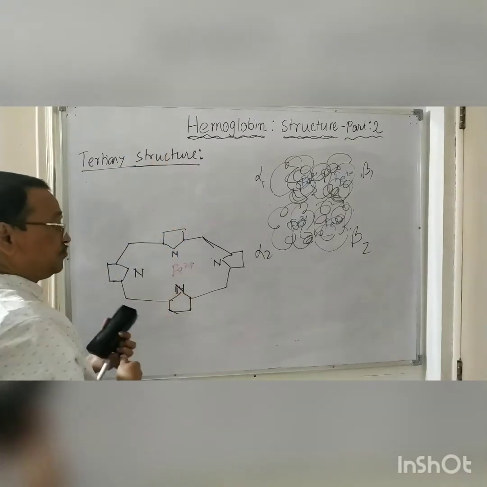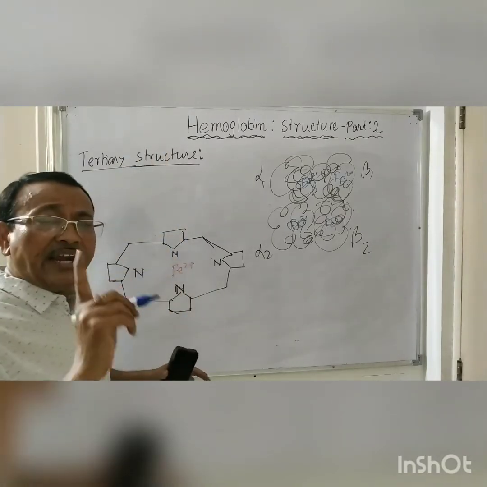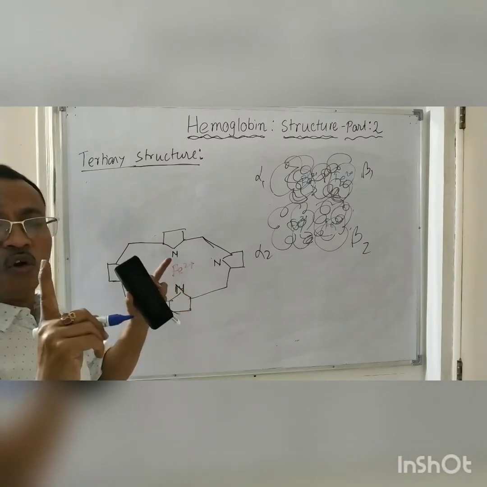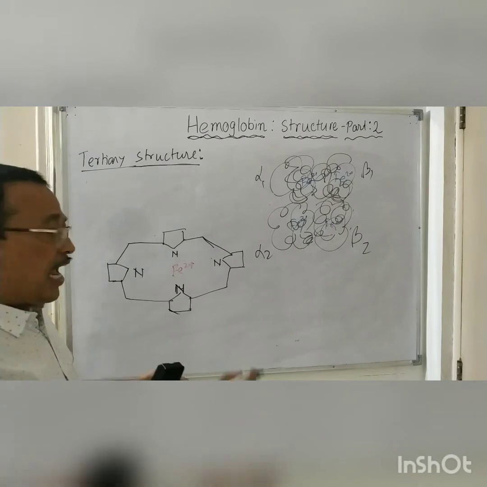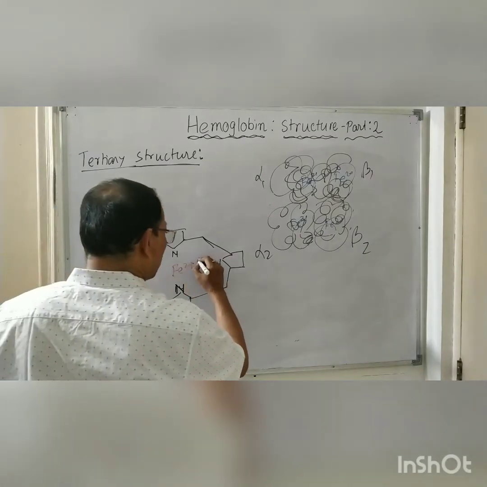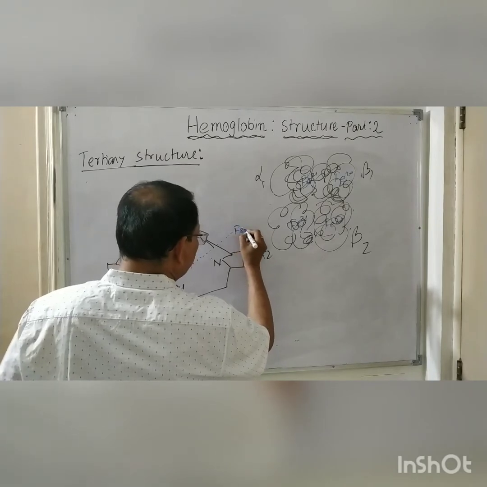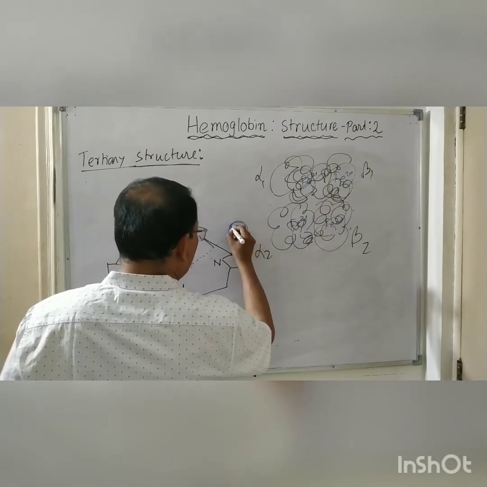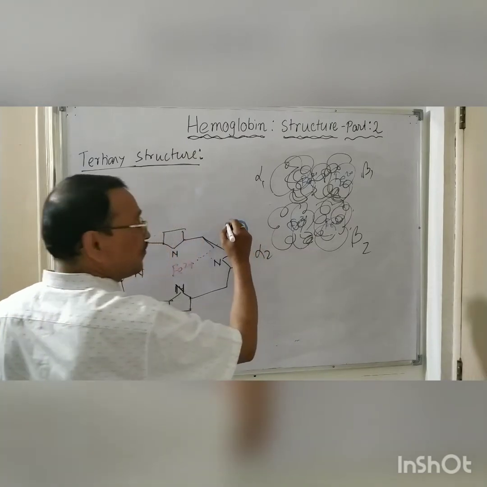Now what happens? At the F8 position of the globin chain, the alpha chain or the beta chain, whatever histidine residues are there, they are linked with the ferrous ion.